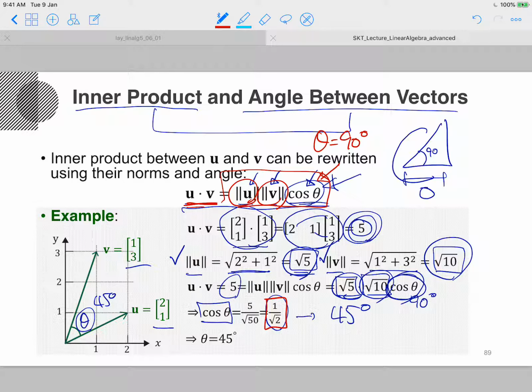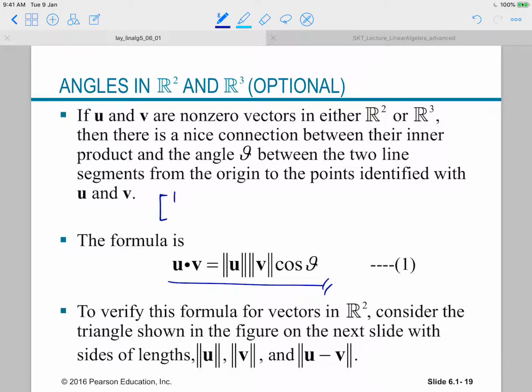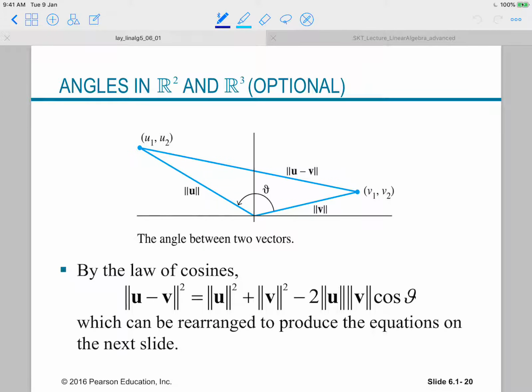And so if the inner product is 0, their angle is 90 degrees, or they are perpendicular to each other. This relationship can also be proved by the law of cosines, but I will skip this part and let's move to the next chapter, 6.2.